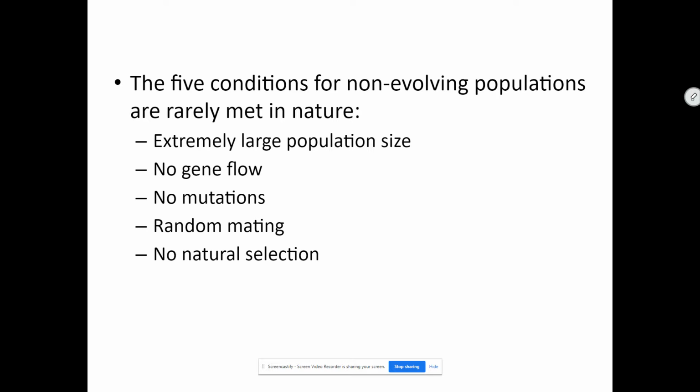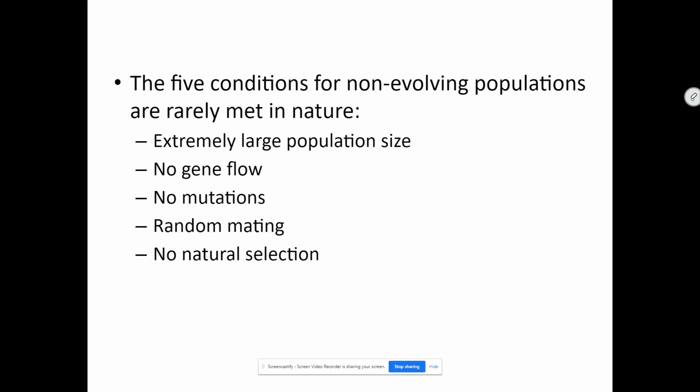If you have a population of 30 sheep and they're all white and then 2 black sheep move into the population, you would expect the frequency of those alleles of the black sheep to increase over the years because it's going to change that population.